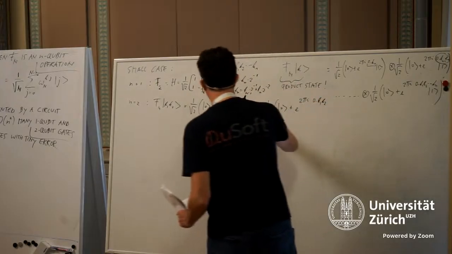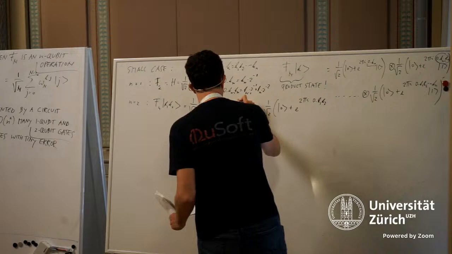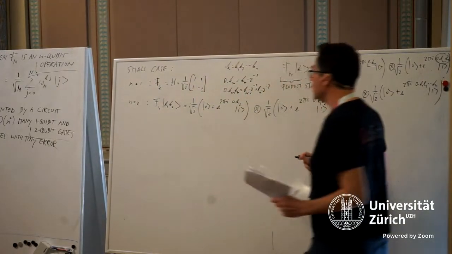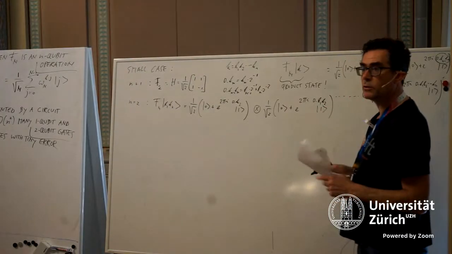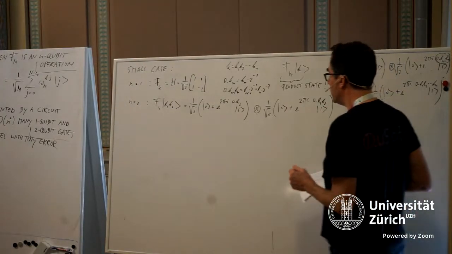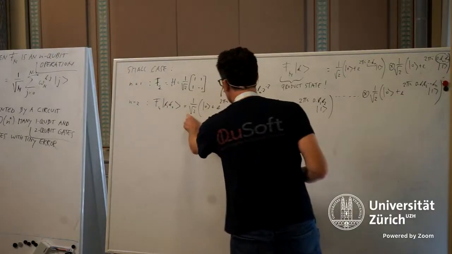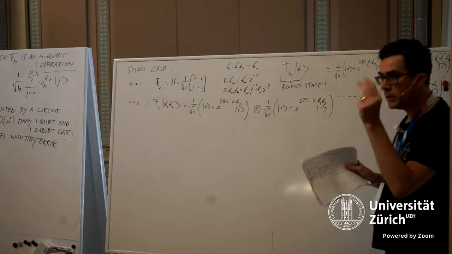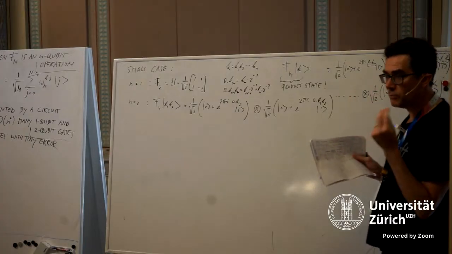I'm sorry, this should be k2, I think. When I want to implement the 2-qubit Fourier transform on a basis state, I just want to produce these 2 qubits here, both of which are like ket plus states with a tiny bit of correction on the phase of the ket 1.